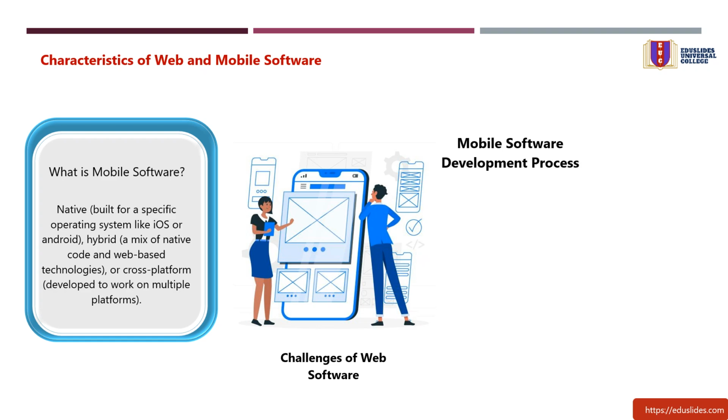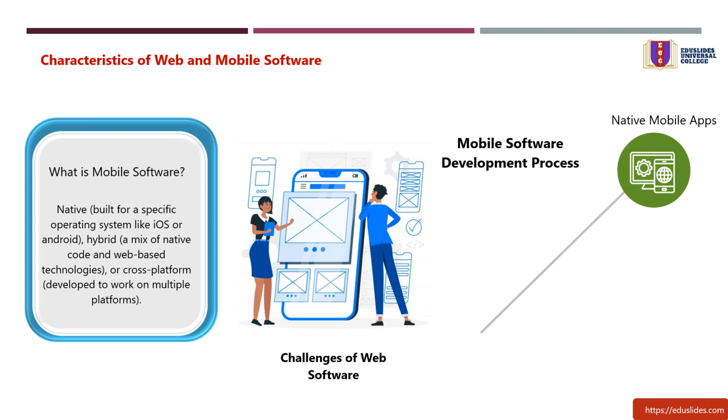Mobile software development process. Mobile app development can be divided into the following categories. 1. Native mobile apps. Native apps are created using platform-specific programming languages like Swift for iOS or Kotlin/Java for Android. These apps are tailored for a specific operating system and generally provide the best performance and user experience. 2. Hybrid mobile apps.